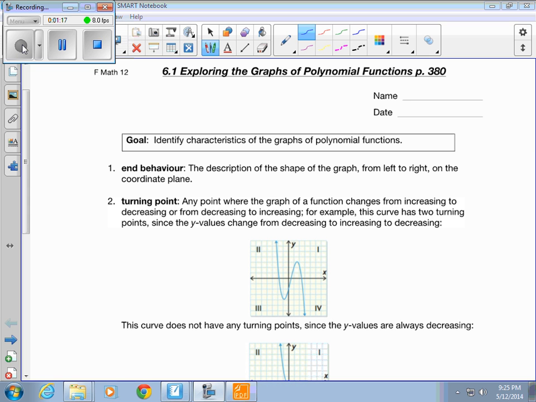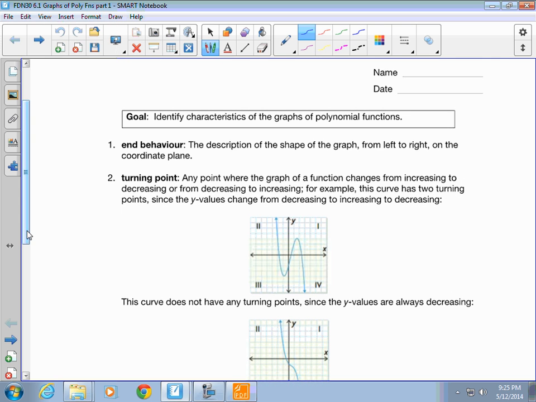So your turning point is any point where the graph of a function changes from increasing to decreasing, or from decreasing to increasing. For example, this curve has two turning points since the y values change from decreasing to increasing to decreasing. So one of those turning points would be right here, and the other one would be right there.